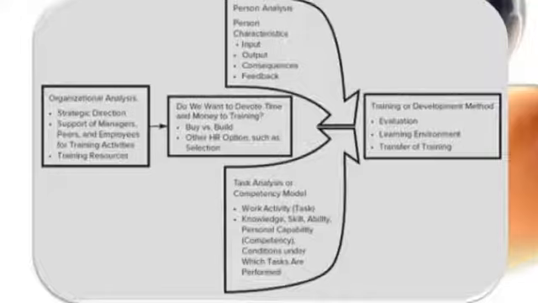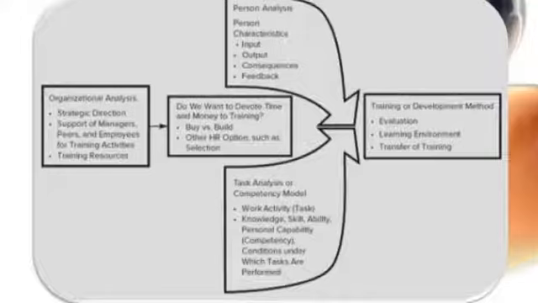It starts at the organizational level, and we ask, do we have the support of our managers to do this? Do we have the resources to do this? And is this something we want to devote training to? Is this something that we need and have time to build and will be beneficial to do? Because remember, we're spending money, time and resources on training, so we need to make sure that this is a definite training need.